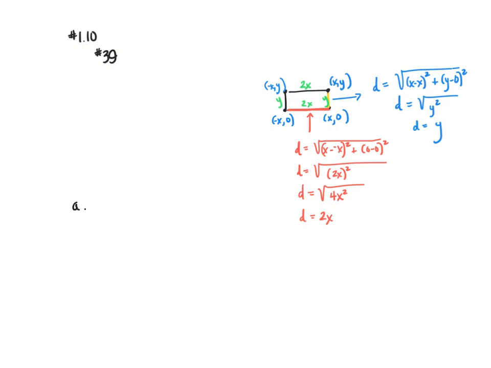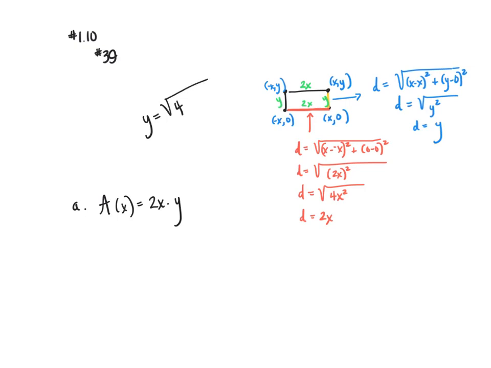So for part A, I was trying to do the area of the rectangle. And so you might start out with 2x times y. But it wants me to write my final answer as a function of x. So if you look at the circle, it actually gives you what y equals.